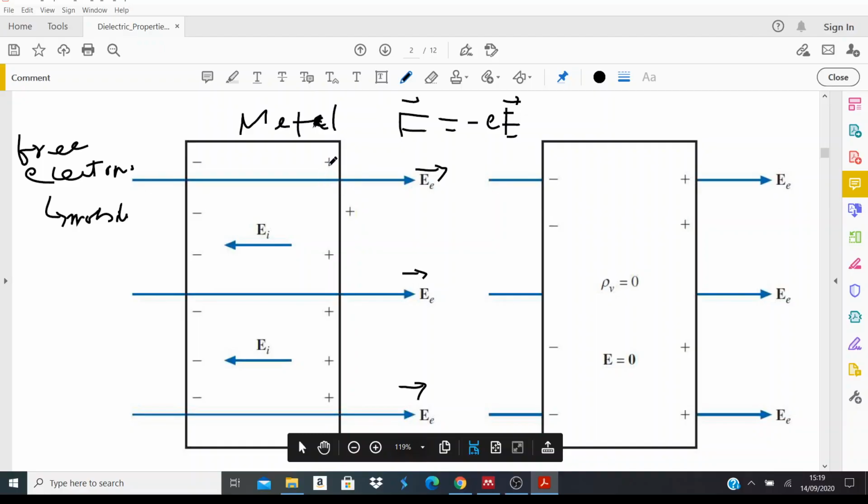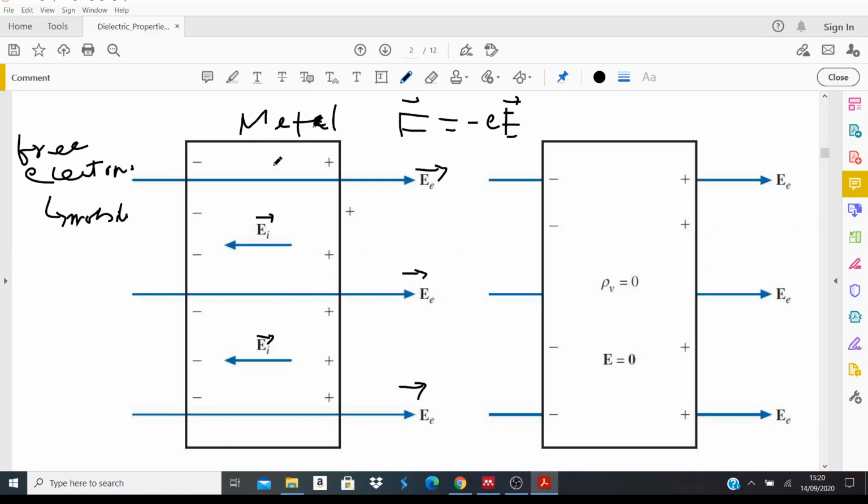And this is a positive charge induced under the electric field, and what happens really, the charges start moving, and they keep moving until the distribution inside the material is such that due to these charges, an electric field will be created, which is the E I, or internal electric field inside the metal.